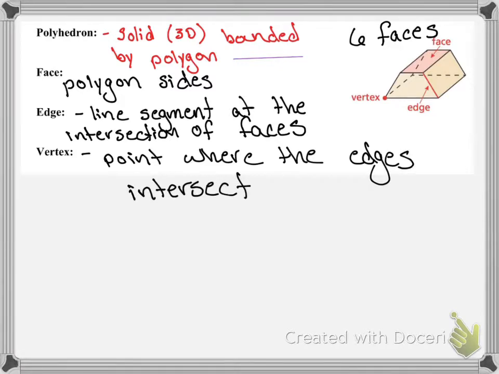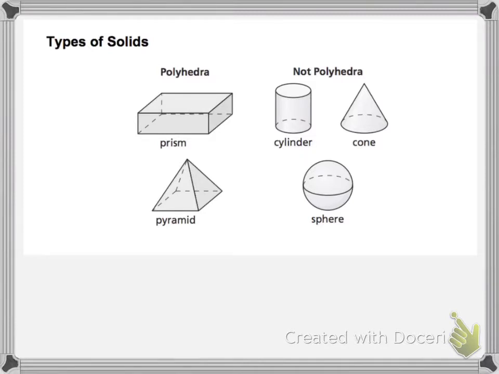The plural of polyhedron is polyhedra. So we don't say polyhedrons. We say we have a polyhedron or plural polyhedra. Okay, some examples of things that are polyhedra and are not. Our polyhedron here is a prism. All of the sides here are made out of these rectangles. This pyramid down here is a polyhedron.